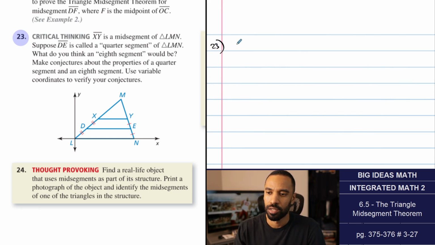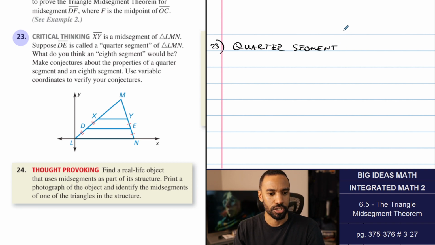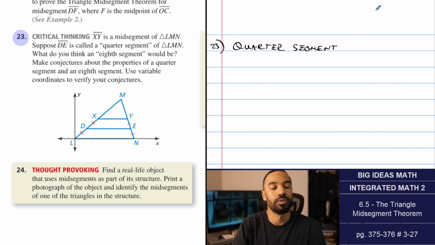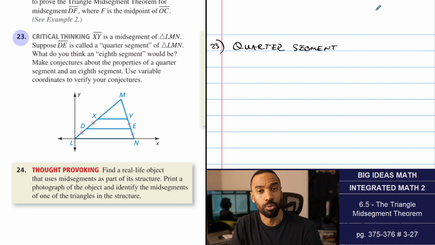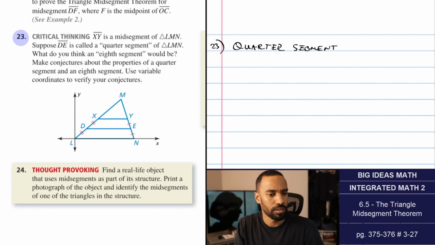23. Quarter segment. Now, they say make a conjecture, right? Yeah, a conjecture is something you believe to be true, but you haven't yet proved it. You've seen examples to indicate as such, or a visual.